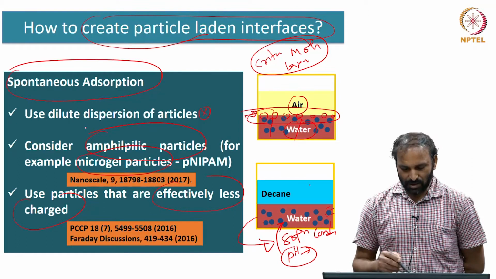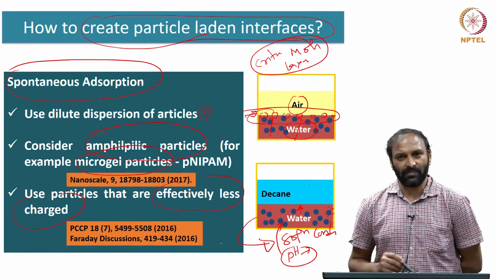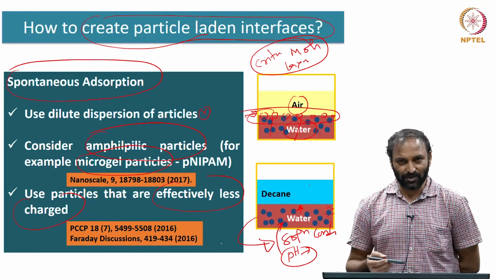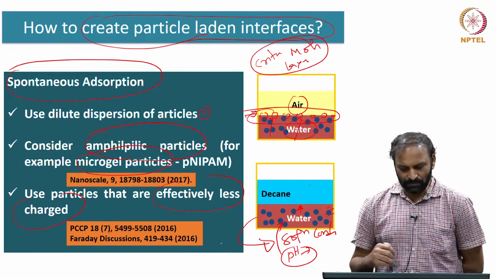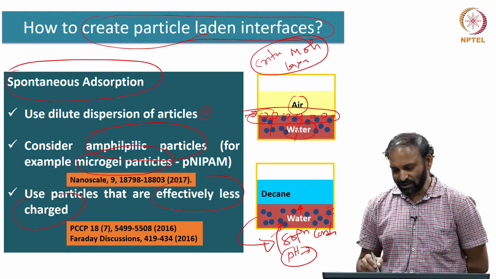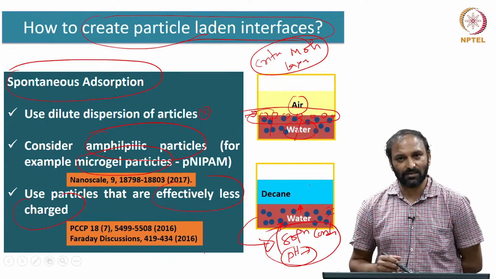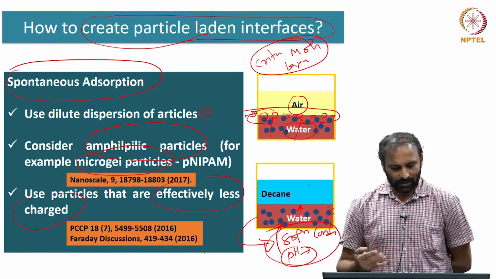Okay. In other words, whenever the particles are trying to approach an interface, there is an energy barrier for their adsorption, and this energy barrier can be either completely removed or reduced by changing the solution conditions, such as manipulation of pH or the addition of salt.